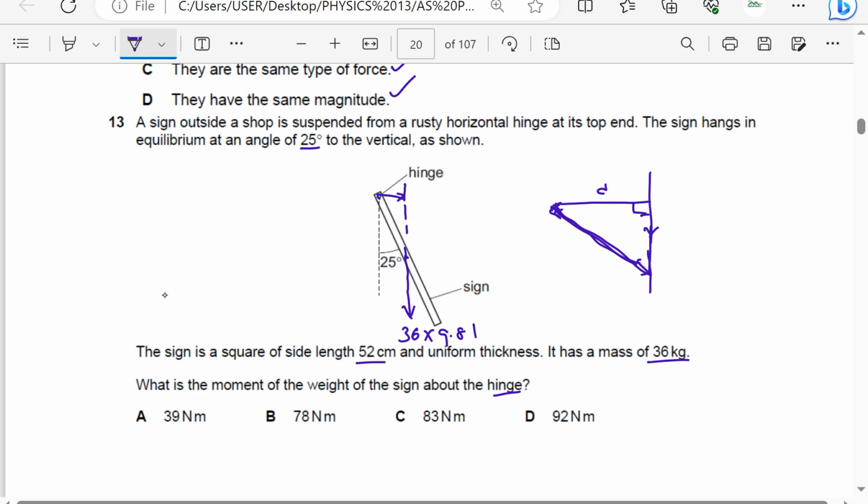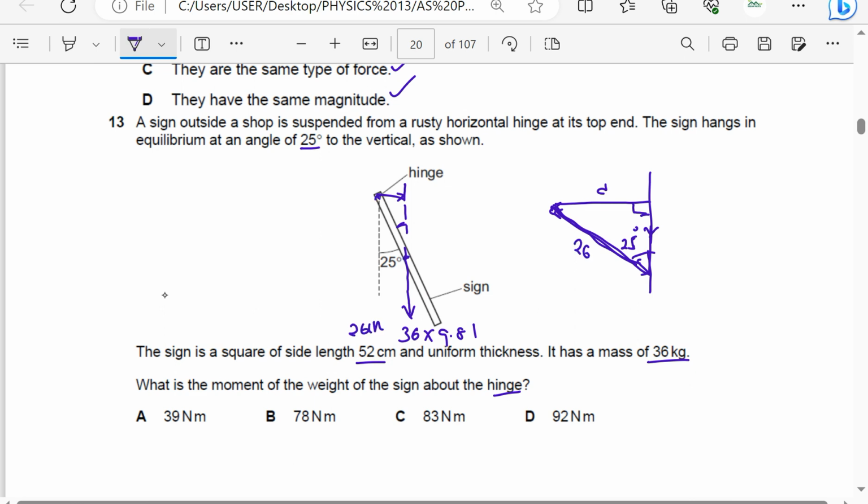And of course, this distance, if this angle here is, what was this angle? I think this angle is 25. So this angle is 25 degrees. So if you're good at maths, opposite, this length should be half, because it is 52, that is 26 centimeters, from here to this point here.